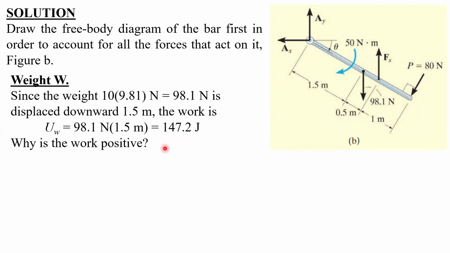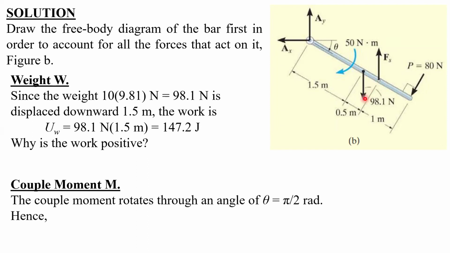Why is the work positive? The work is positive because the direction of the weight and the direction of displacement are the same. So force and displacement are in the same direction. Couple moment. The couple moment rotates through an angle of theta equal to pi over 2 radians.